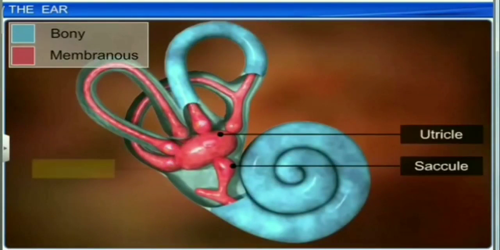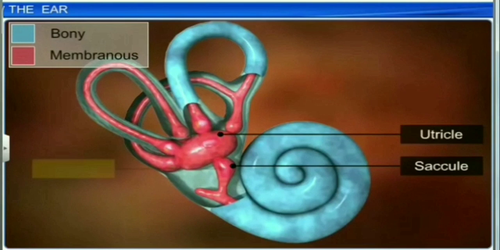The vestibule has 2 sensory spots, macula of sacculus and utriculus. The macula consists of hair cells and supporting cells. Tips of the hair and cilium project in a thick gelatinous sheath, the otolithic membrane.